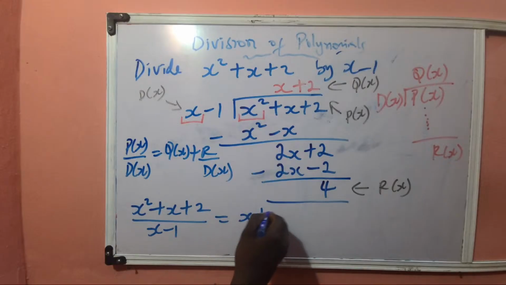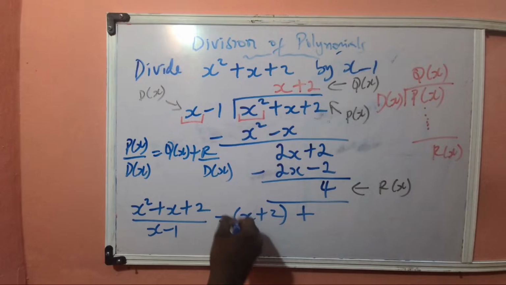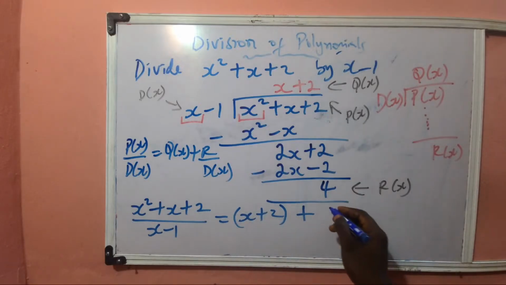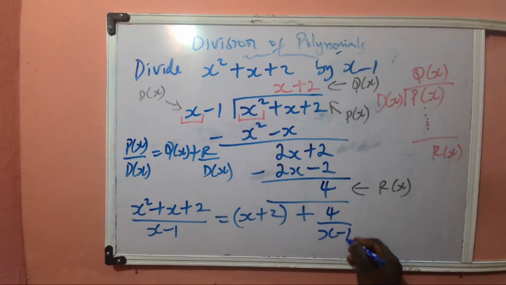That will be x plus 2, the quotient, plus the remainder. What was the remainder? The remainder was 4. That will be 4 over the divisor, x minus 1. So this is perfect.